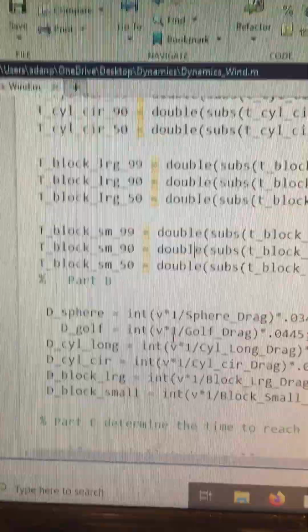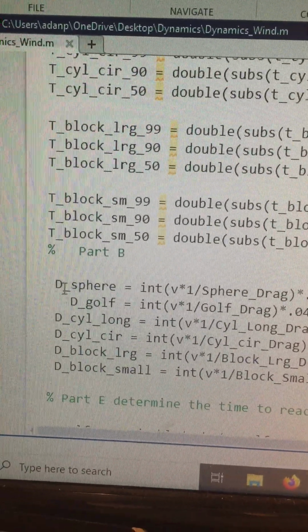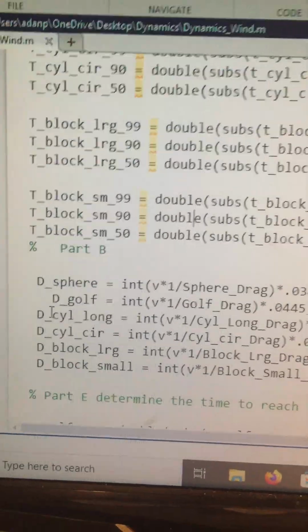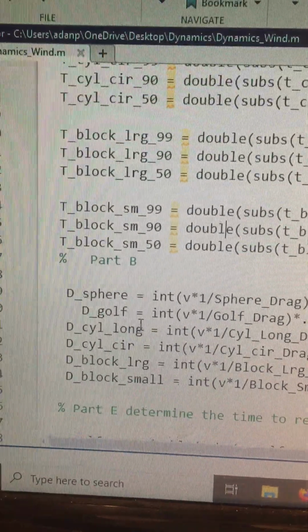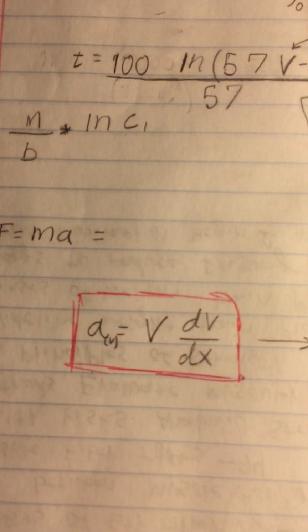This is similar to part A, except I've just changed the time, t, to a d for distance, and then I had to modify the integration a bit to match this formula that I showed right here.